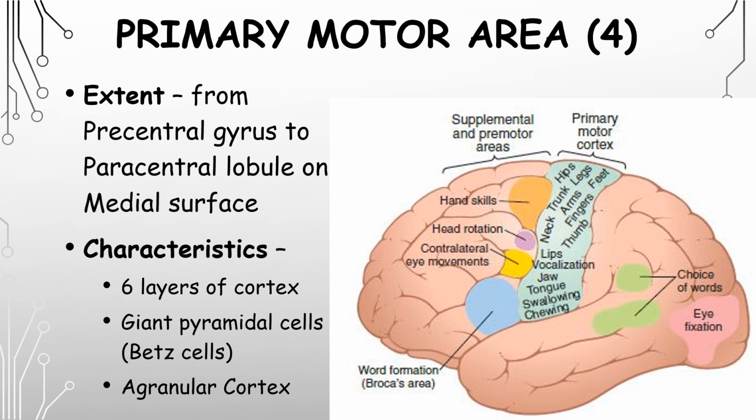One of the special features of this area is the presence of giant pyramidal cells, which are called Betz cells, in the ganglionic layer, and a thin granular layer. That is why this is called an agranular cortex, as it has only a thin granular layer.